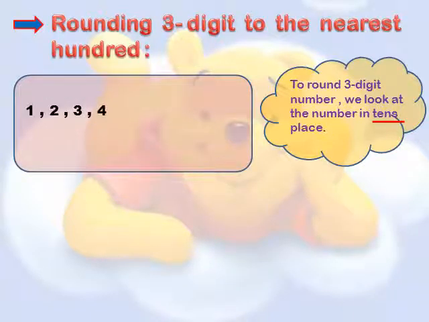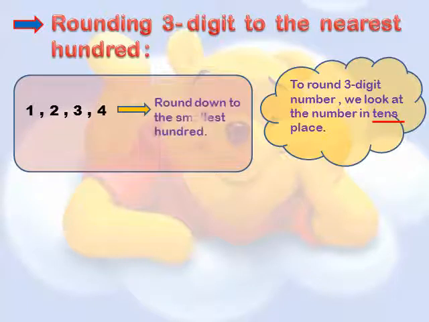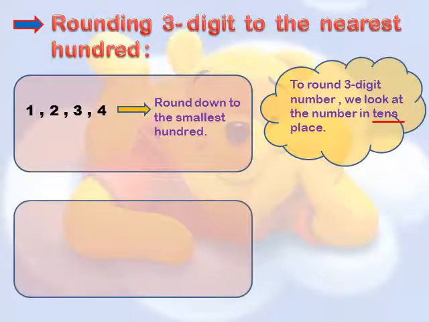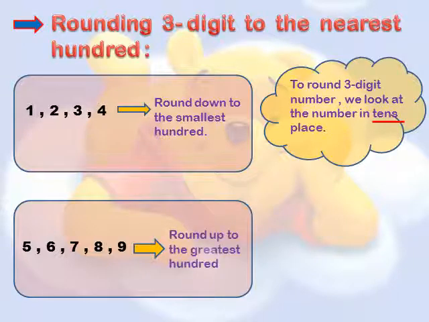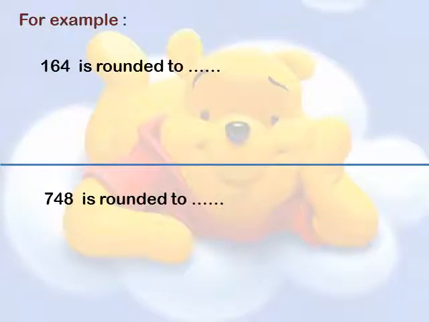Yes. 1, 2, 3, and 4 are weak numbers. They round the numbers down to the smallest number. Again, what about the strong numbers? 5, 6, 7, 8, and 9. They do what? Yes, they round up to the greatest 100.